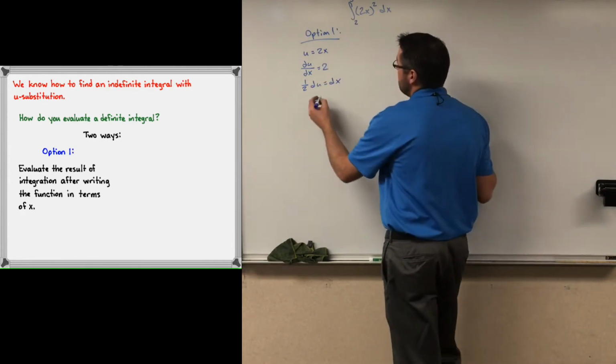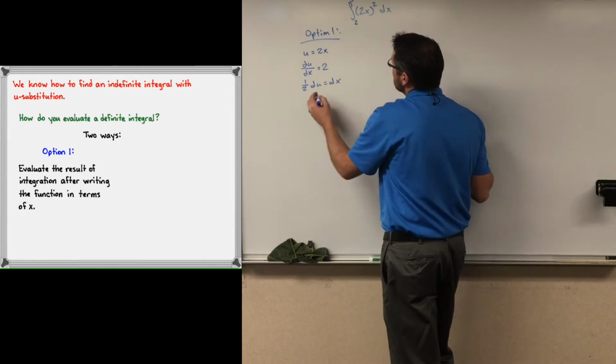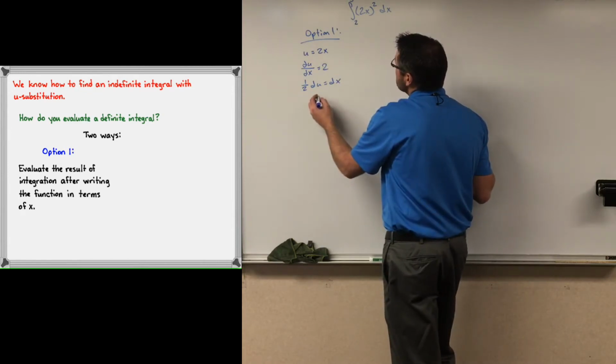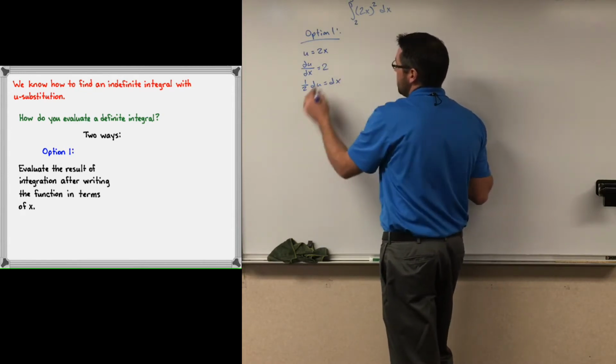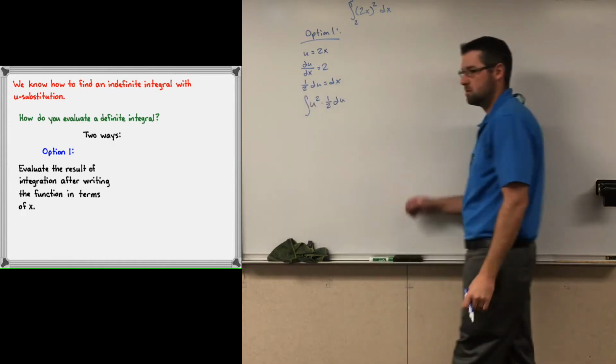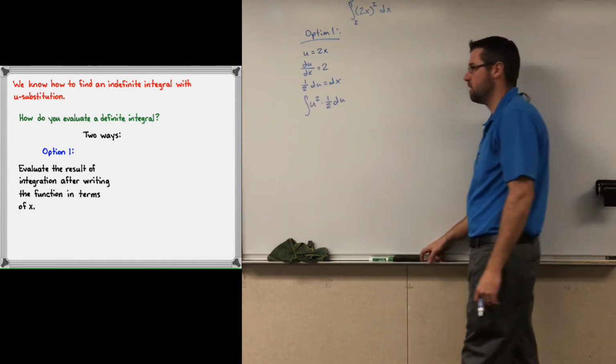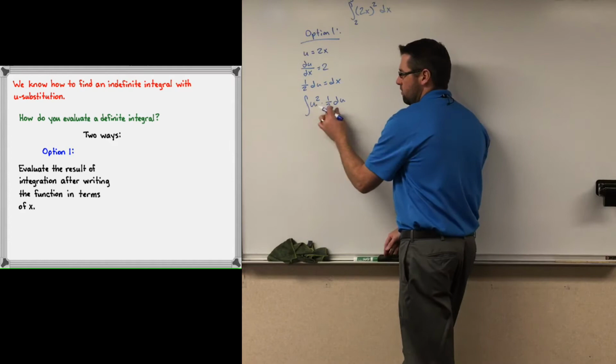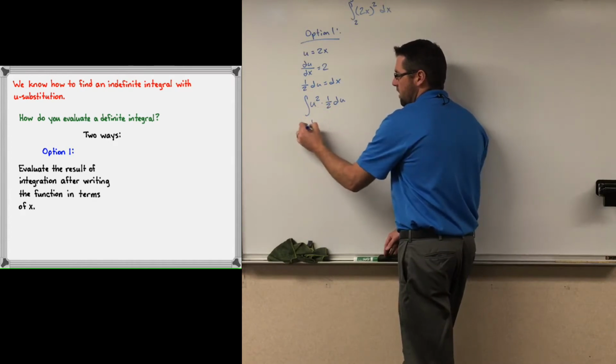Then we're going to plug in our values. So instead of 2x, it's going to be u squared times 1/2 du, and the integral, right? Okay. Move the 1/2 out, so you've got 1/2 times the integral of u squared du.